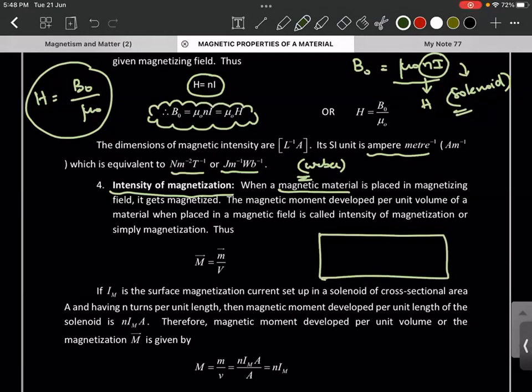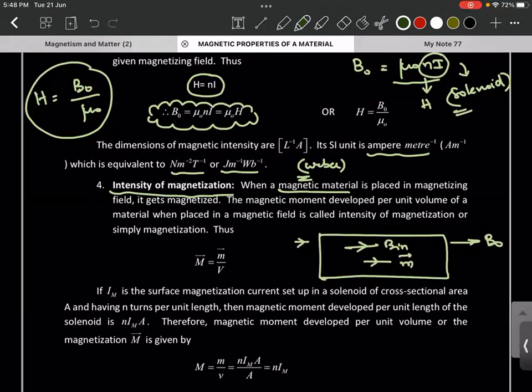So when you place something in the presence of external magnetic field, let's say B naught, then this B naught will create an induced magnetic field inside. Okay. And due to the induced magnetic field, there will be a dipole moment existing inside it. Right? So I'll call it as small m vector.